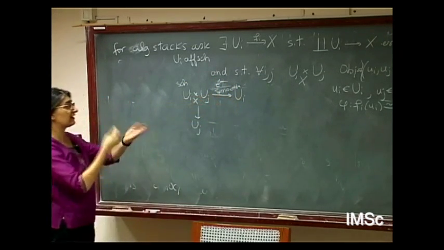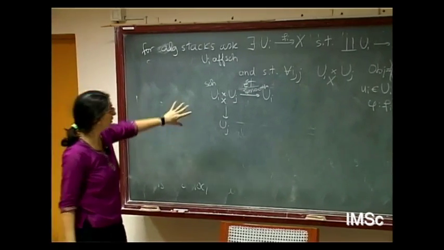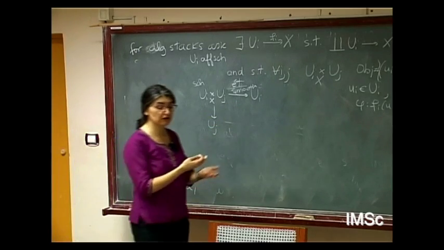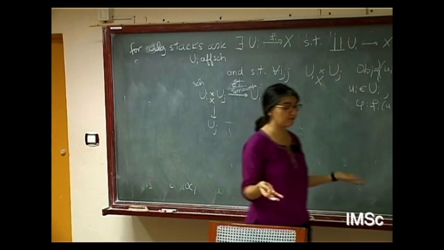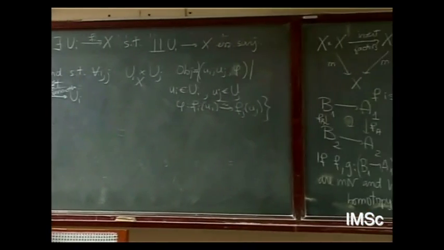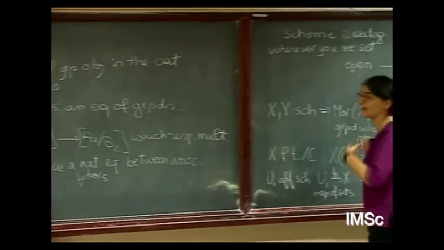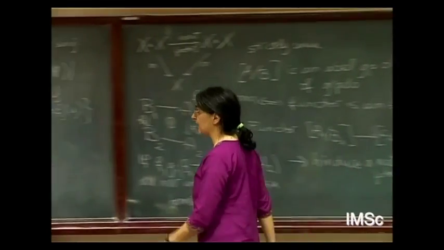I told you that I wanted to have either étale or smooth, so you put it in here. And the general definition is the same. This is in the case of finite type over the complex numbers, and otherwise you have to do it for every affine scheme, functorially, the same picture. But this is the basic idea.